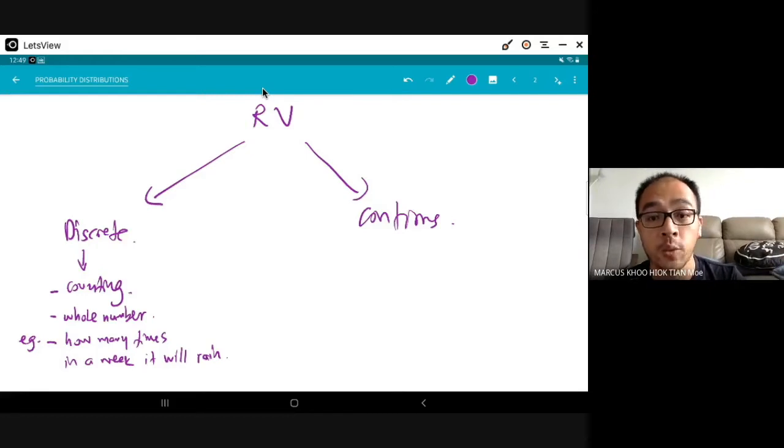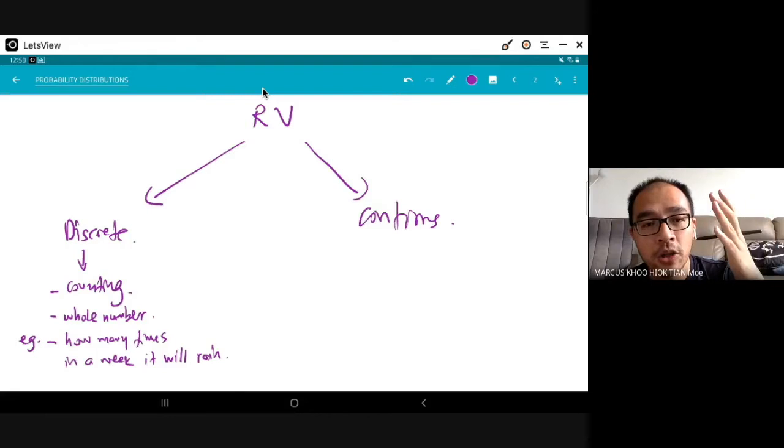Another one is how many people will pass Maths from 5 ST. Those you can definitely count. It cannot be 23.2 people. Where got such a thing? Because people are discrete.